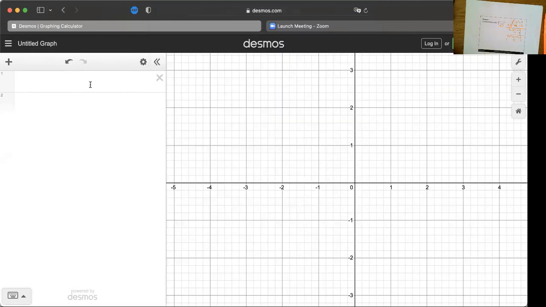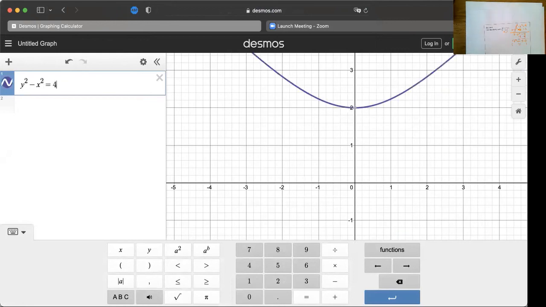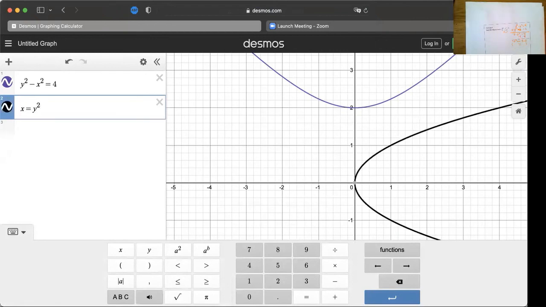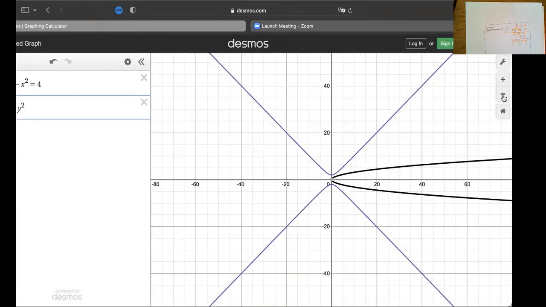We have y squared minus x squared equals 4, and x equals y squared. They will never touch.